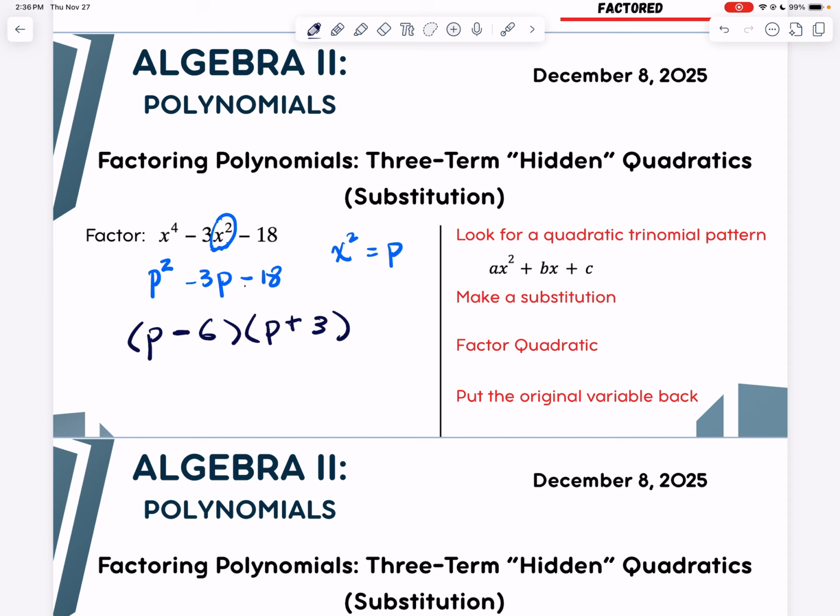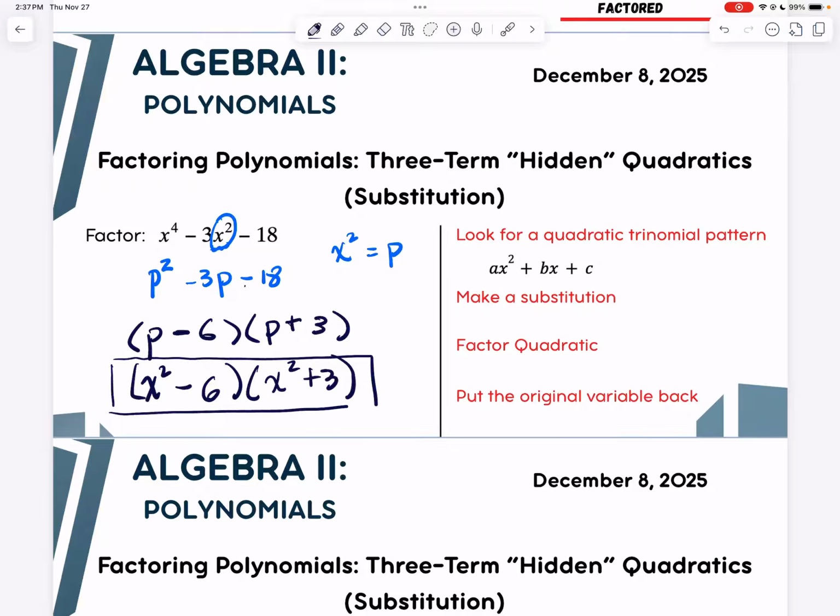Everywhere you see p, we replace it with x squared, and we get x squared minus 6 times x squared plus 3. Now at this point, you would want to see if this is a special pattern for two terms. Is this the difference of two squares? Or is it the sum of two cubes or the difference of two cubes? It is not, which means that this is fully factored and we are done.